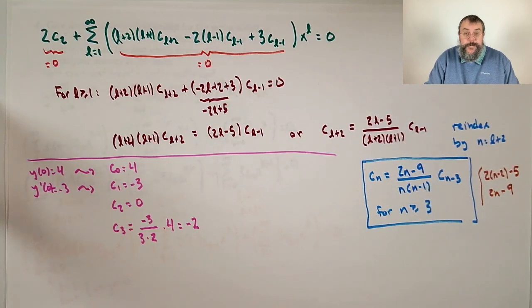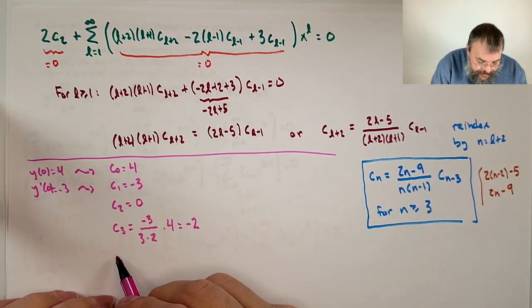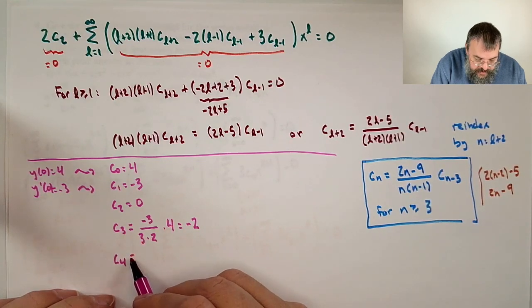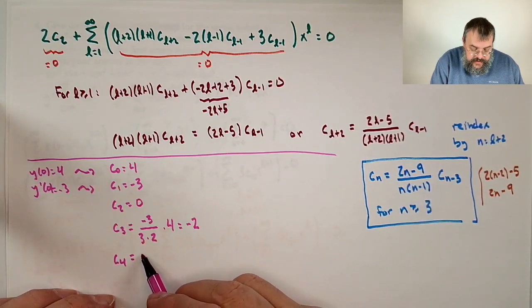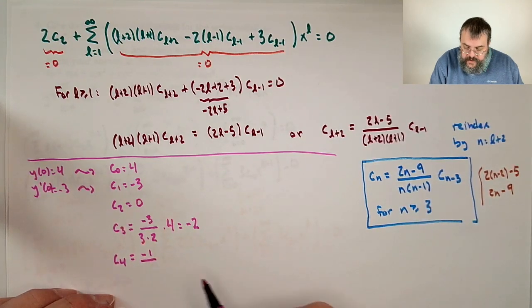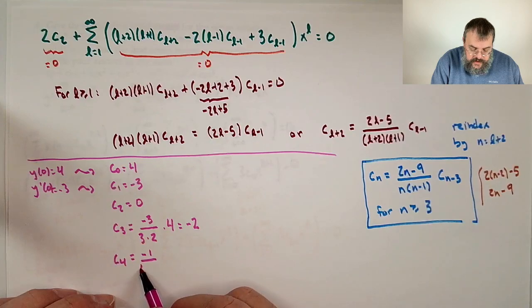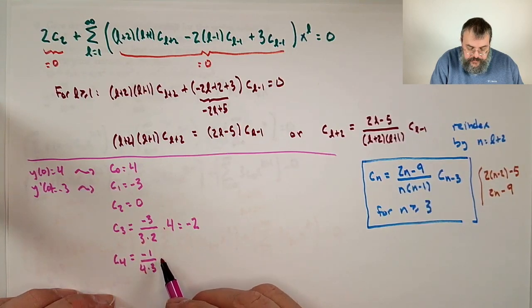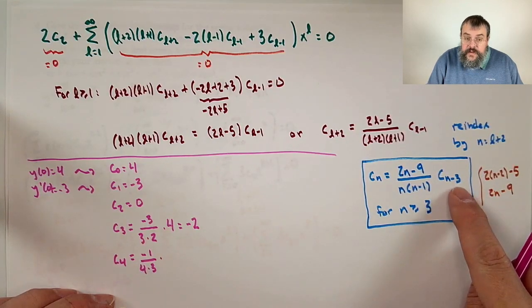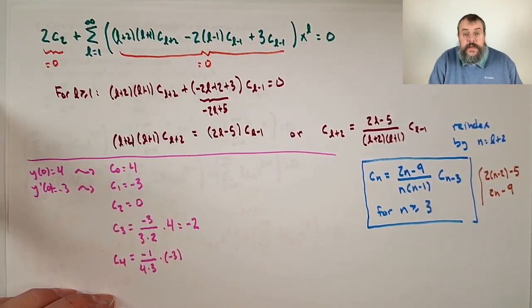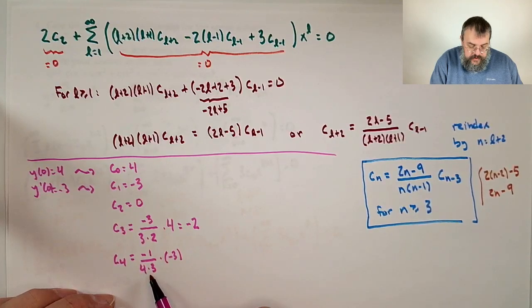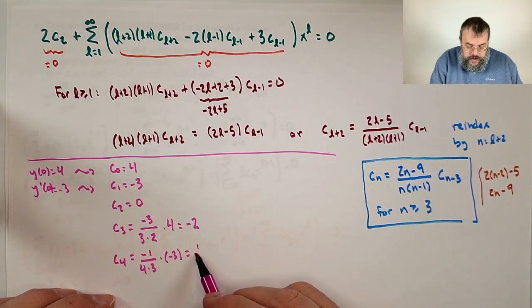All right, that's nice. Okay, how about C4? So plug in 4. 8 minus 9 is minus 1. Then you have 4 times 3 times C1, which is negative 3. Well, the 3's cancel. Minus makes a plus, and so we end up with 1/4.